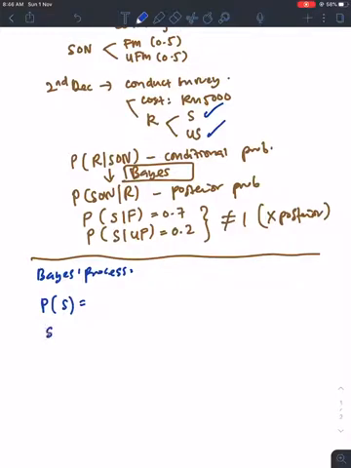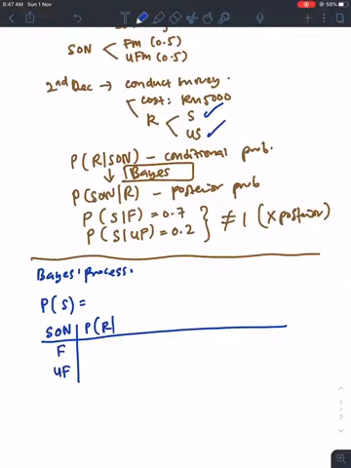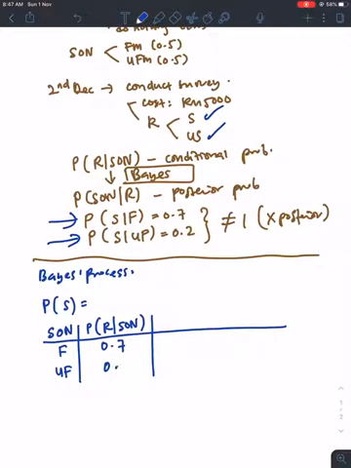Using the table, first column we have SUN, either favorable or unfavorable market, and then we have the conditional probability, which is P result given SUN. So, kita punya information, probability success given favorable 0.7 and probability success given unfavorable is 0.2.